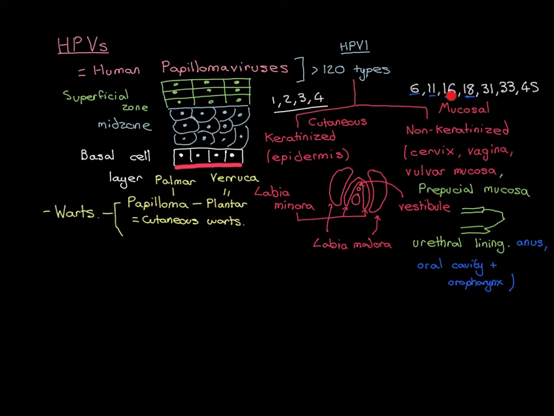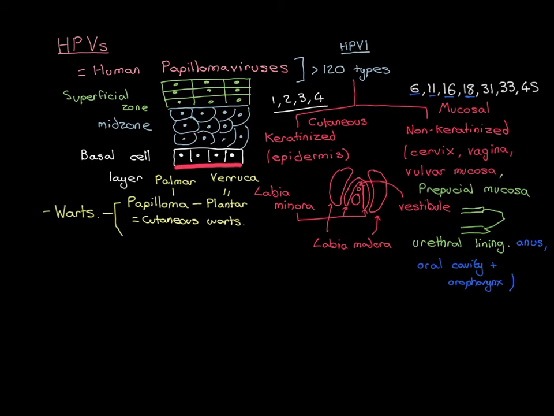Unfortunately, the mucosal human papillomaviruses can also cause warts on the areas where they infect. So they can cause warts on the cervix, on the vagina, on the vulvar mucosa, on the preputial mucosa, in the urethral lining, on the anus, and they can also cause warts in the oral cavity and the oropharynx.